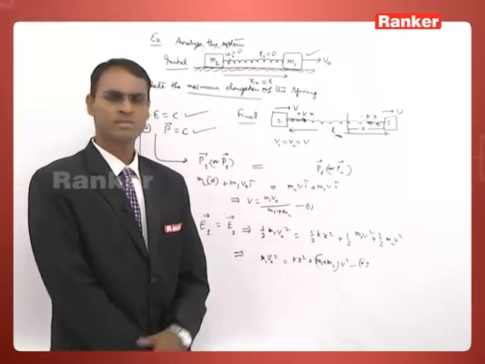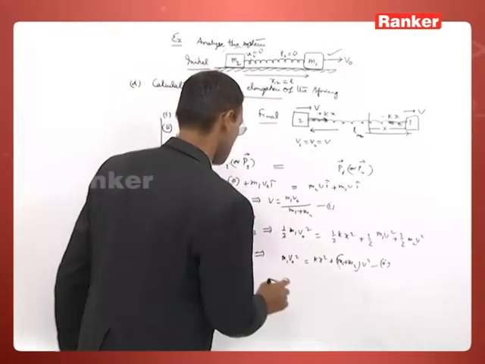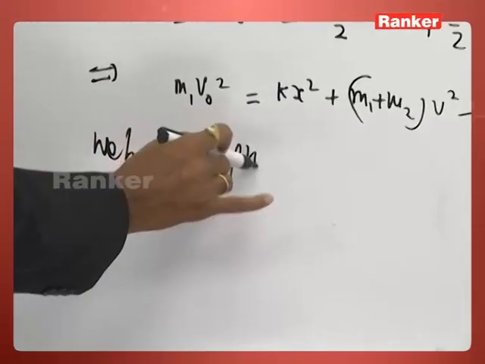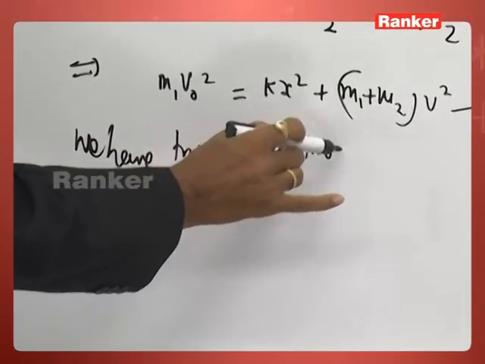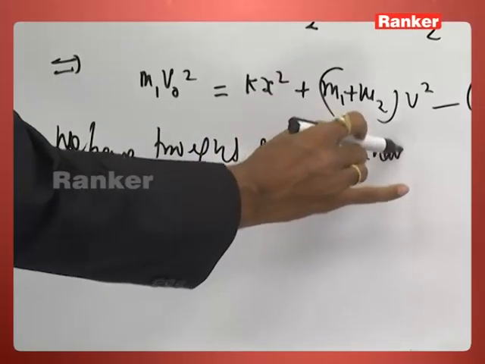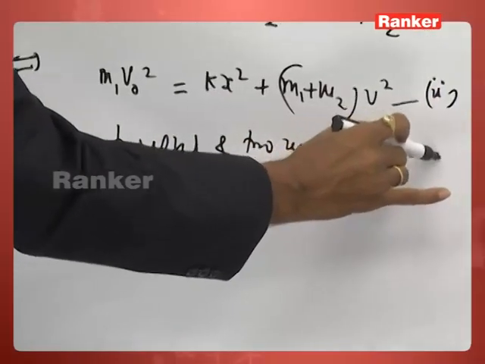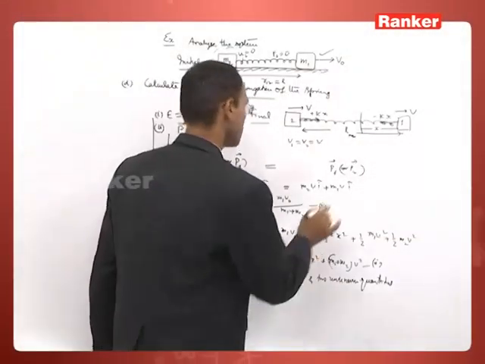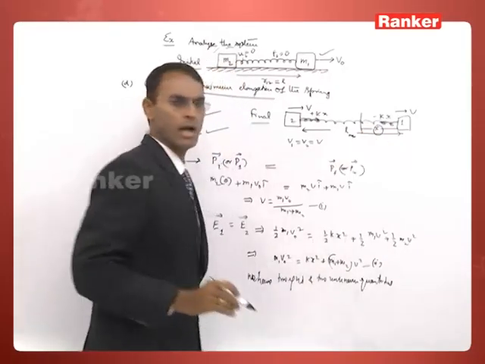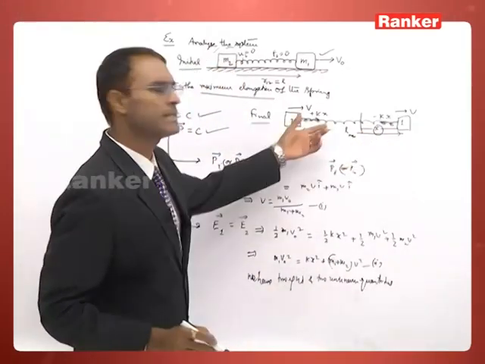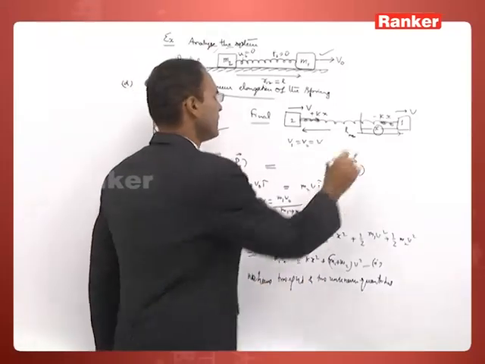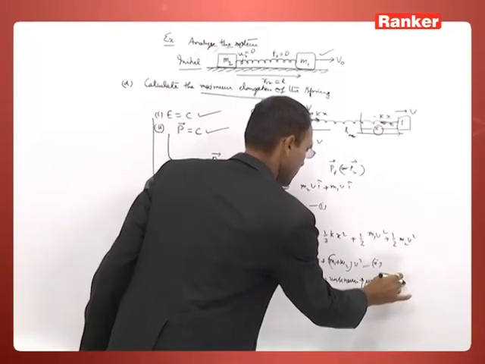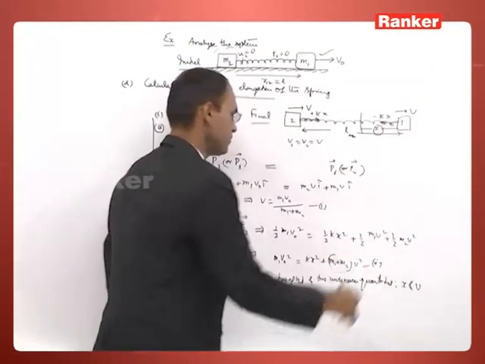Now we have two equations and two unknown quantities. What are these unknown quantities? One, we have assumed x as the elongation of the spring, and second is the velocity of the bodies at that instant, x and v. Just you have to solve.